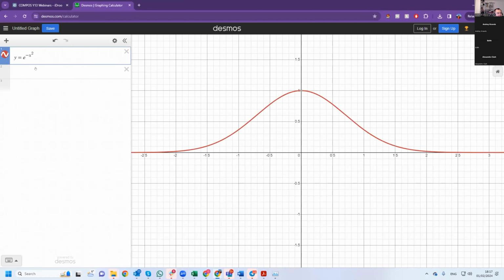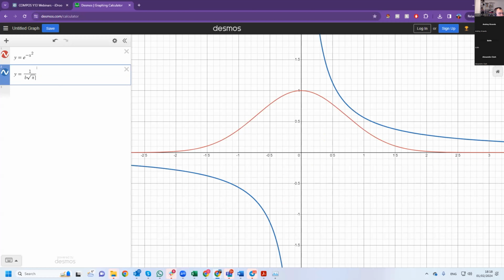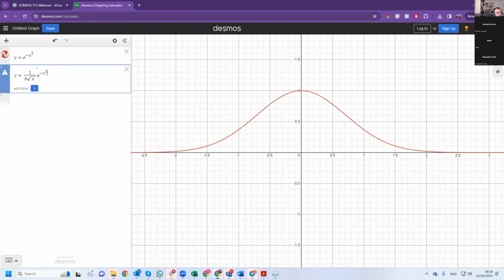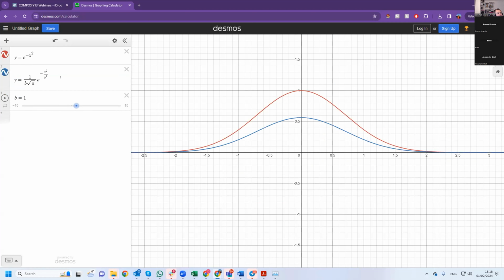So this is the standard Gaussian, and if we write down y equals 1 over b multiplied by square root pi, multiplied by e to the power minus x squared over b squared, and add a slider for b.